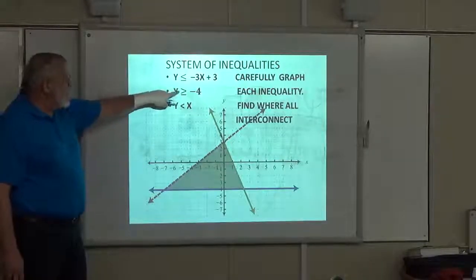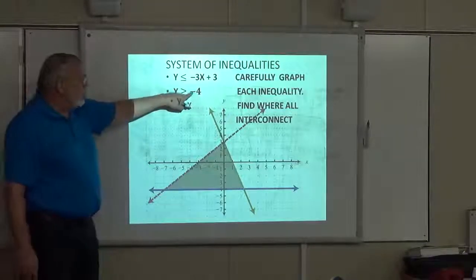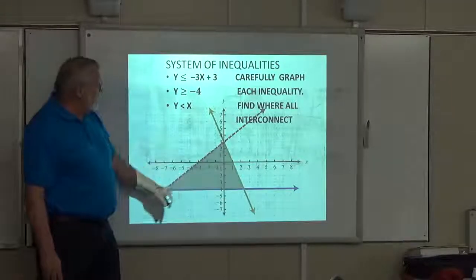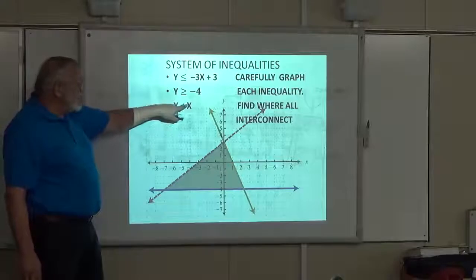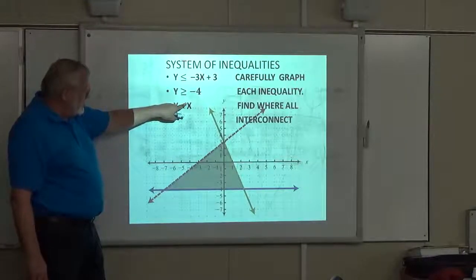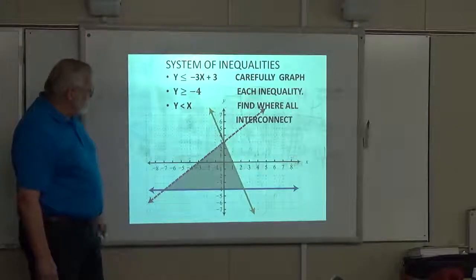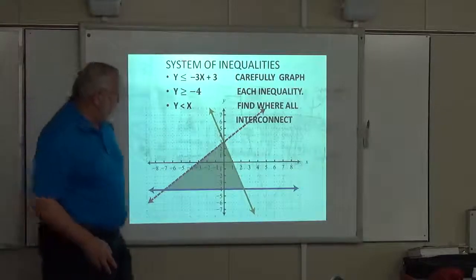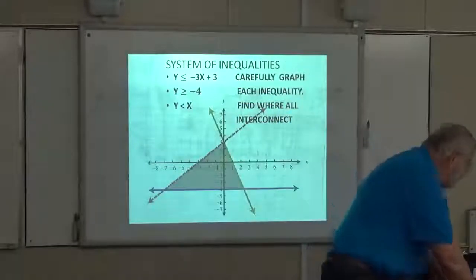Then this says y is greater than or equal to -4. Well, that's this line, and it's above it. And this says y is less than 1x. Wait a second, that's not what that line is. It's 1x plus 3.